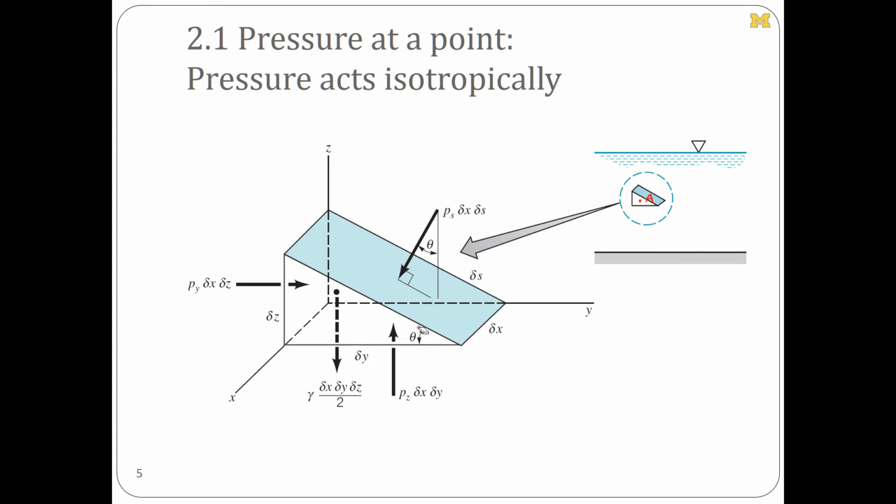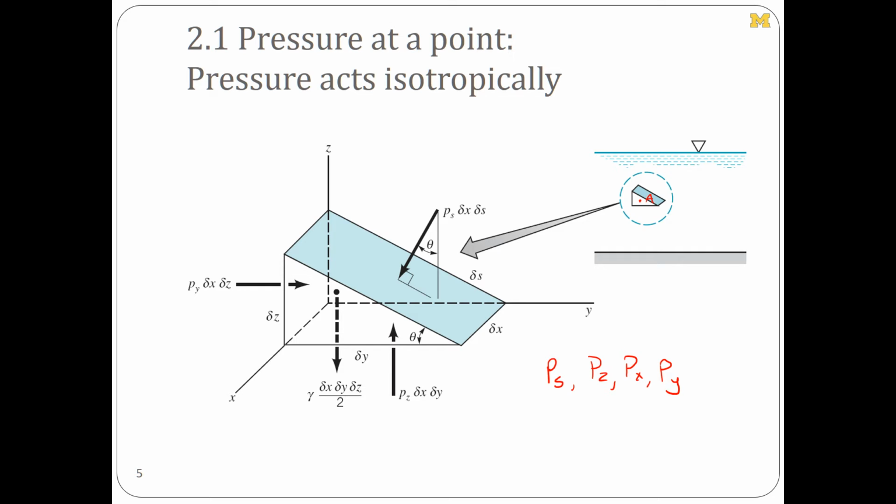What we're going to do is assume that this wedge is getting smaller and smaller to the extent that it becomes essentially a point in space, that is our point A. We'll consider the way the forces act on these different faces of the wedge and see how PS compares to PZ, PX, PY. These faces are all at different orientations, but as the wedge shrinks, they approach the same point in space.